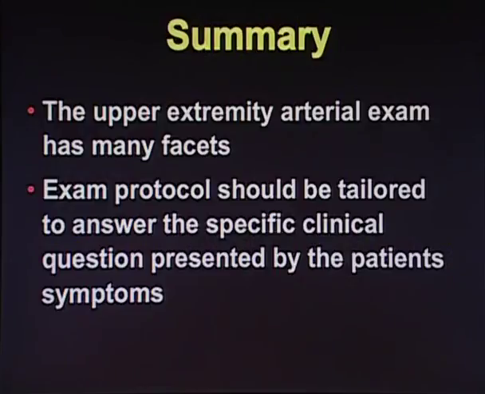Because it has so many facets, we need to do a baseline exam, and then tailor the protocol for the specific symptoms to answer the clinical question for that patient. It's impractical to do all of these examinations on every patient in an upper extremity. So focus in after the baseline examination on what's important for that specific patient and try to answer the clinical question.